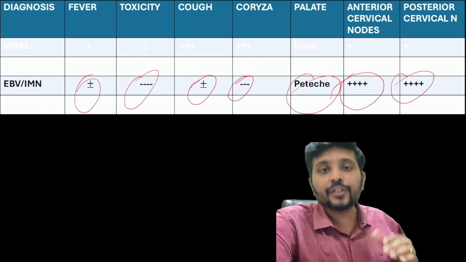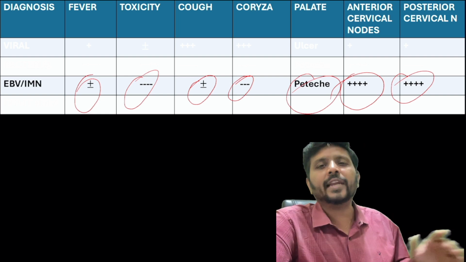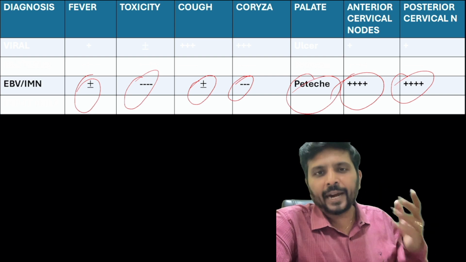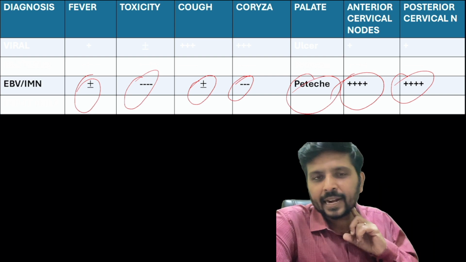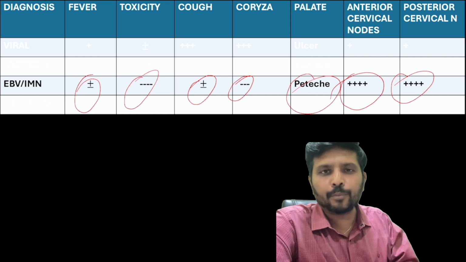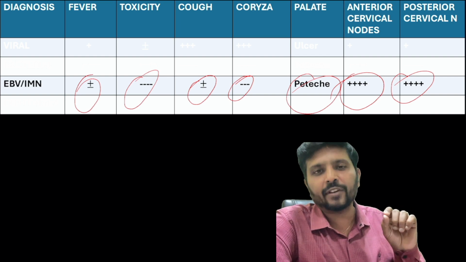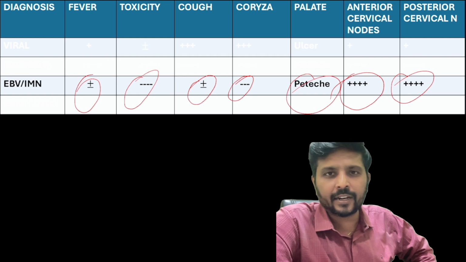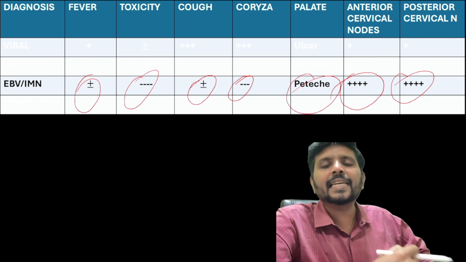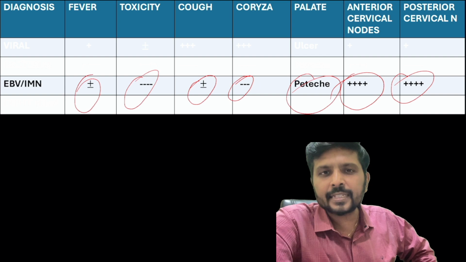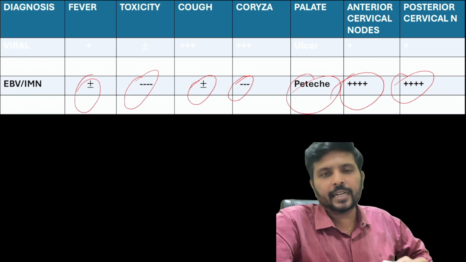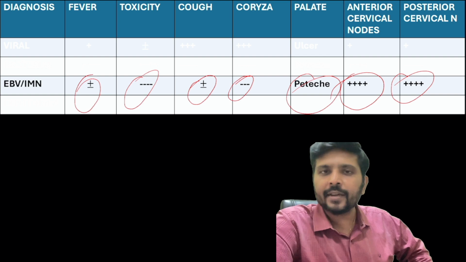So I repeat, without any toxicity, without much fever, if your child has throat pain, palatal petechiae with significant anterior nodes and significant posterior nodes, it is more in favor of Epstein-Barr virus. Is there any treatment for Epstein-Barr virus? The answer is yes. Only when the increase in the size of the adenoid and tonsil causes upper airway obstruction, a short course of steroids can be considered.